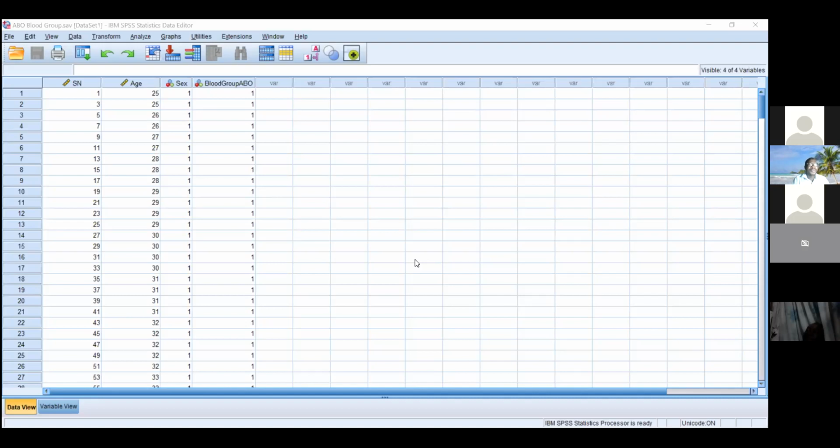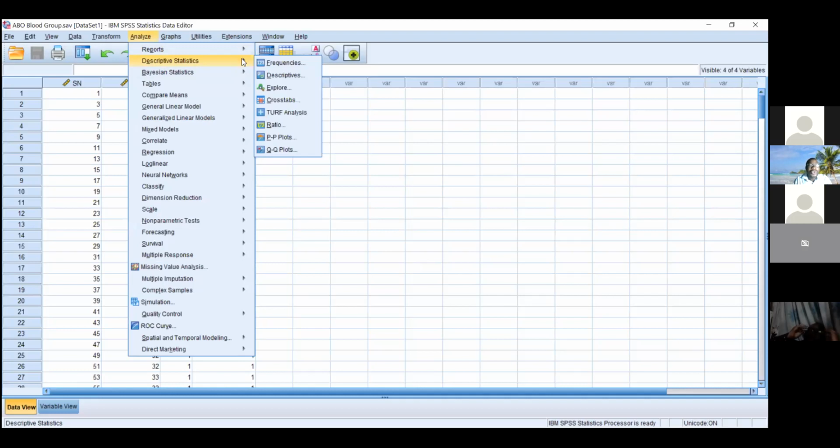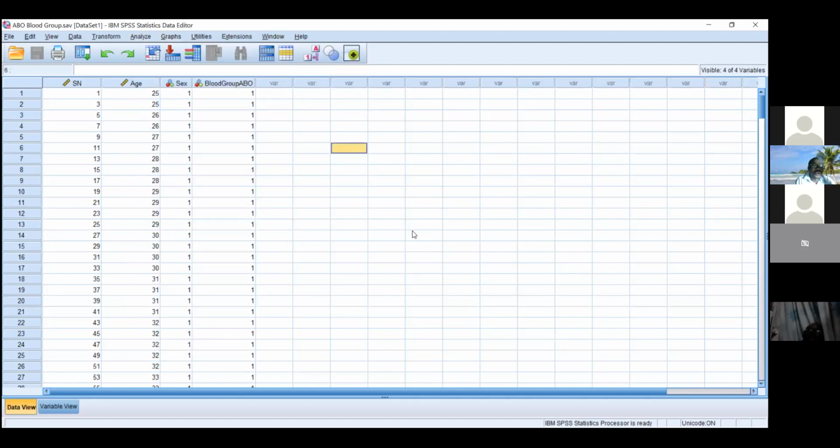Okay, Dr. Fatima, now go to analyze. Okay, before that, come out of the analyze. I want to explain something on the screen. Just come out. Yes, thank you. You will see that in this data, sex and age I just put in, but for blood group, A is coded 1, B is coded 2, AB is coded 3, O is coded 4.